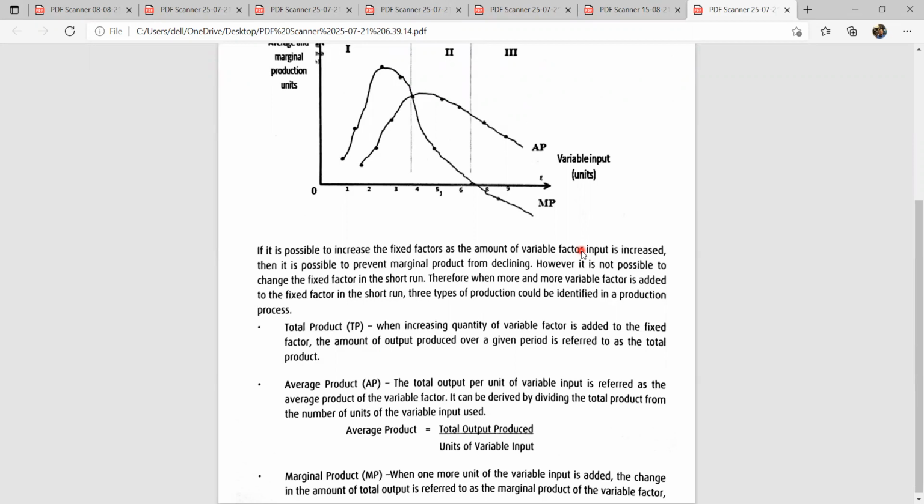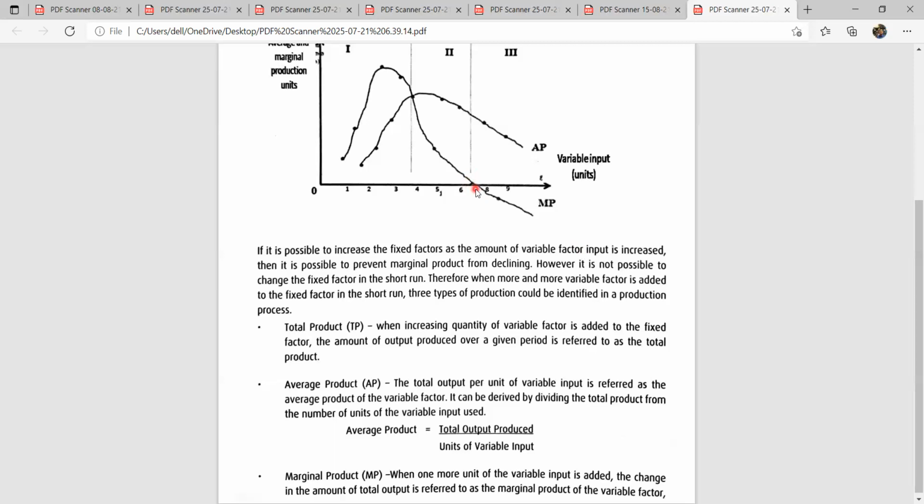What does that mean? When the number of workers is added gradually, marginal production increases, and then reaches somewhere here. That means workers are really less productive.